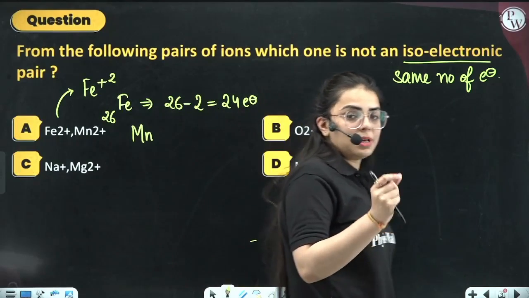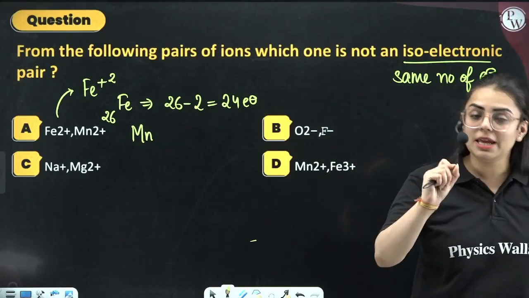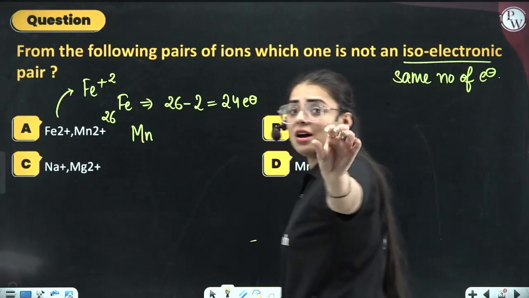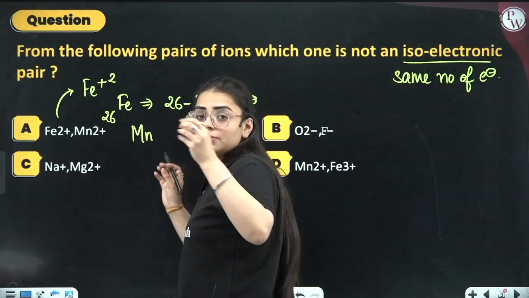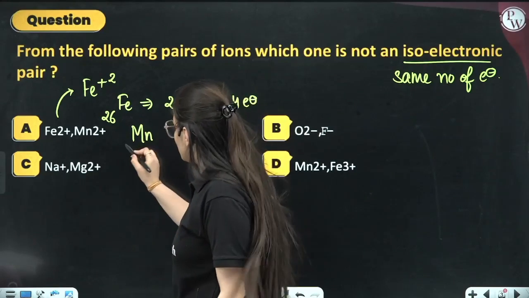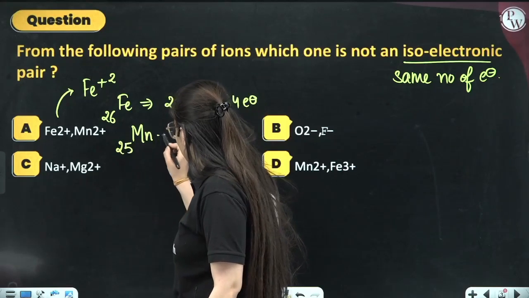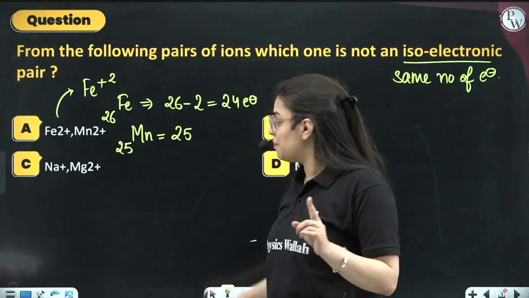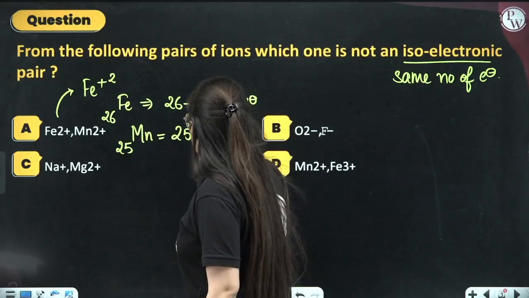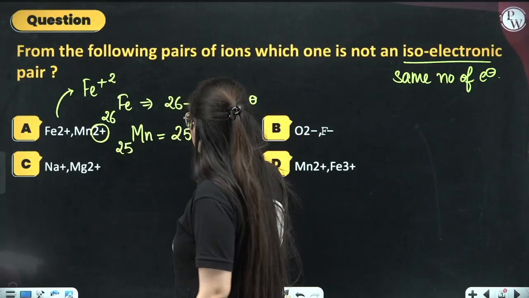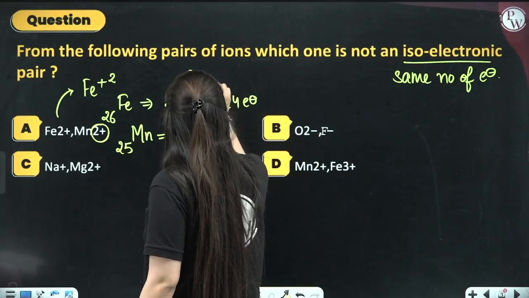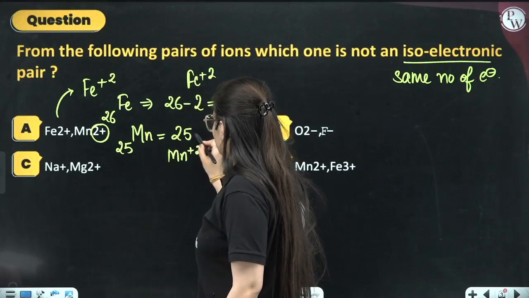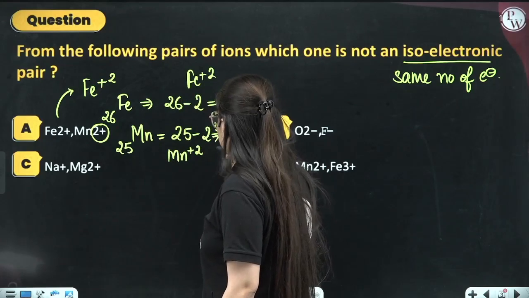The atomic number will be equivalent to the number of protons and the number of electrons for a neutral species. So its atomic number is 25. That means it has 25 electrons as well as 25 protons. But if I talk about Mn plus 2, here plus 2 means we are going to subtract 2 electrons.